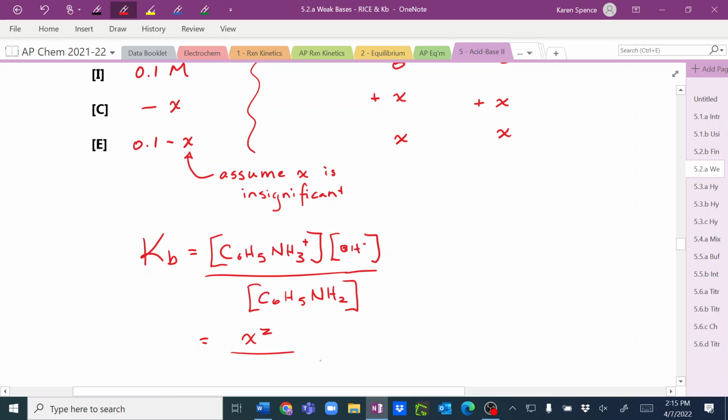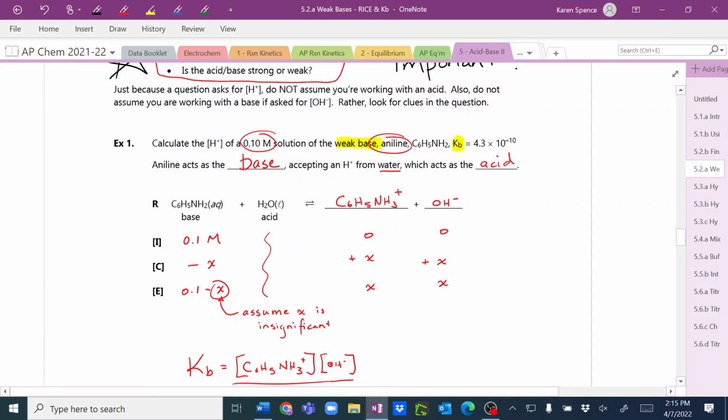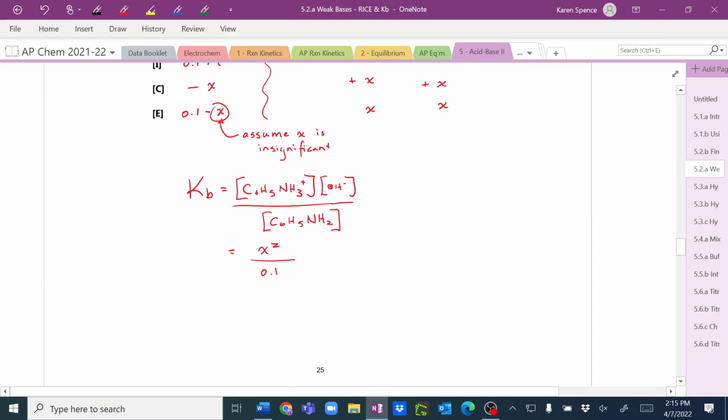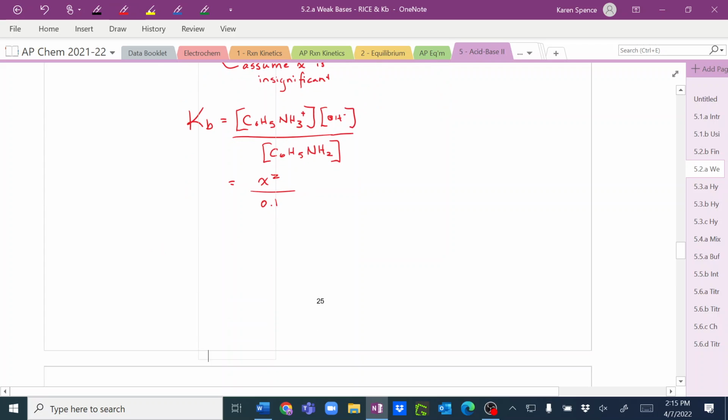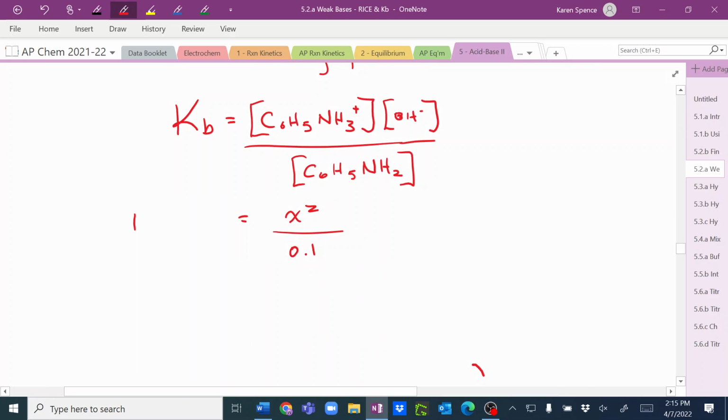x squared over 0.1, and we don't have to put the minus x there because we have already assumed that it is insignificant. And the KB was given to us in the question. It was 4.3. Whoa, what happened? Oh dear, many things are happening. Okay, try that. 1.3 times 10 to the negative 4.3.